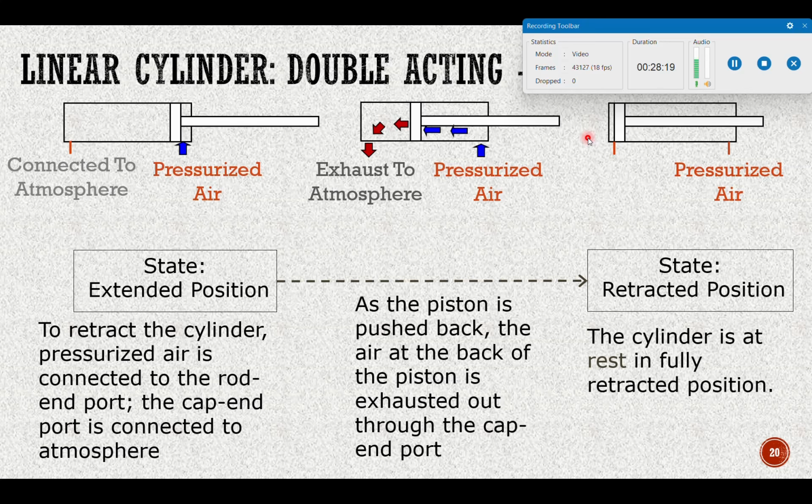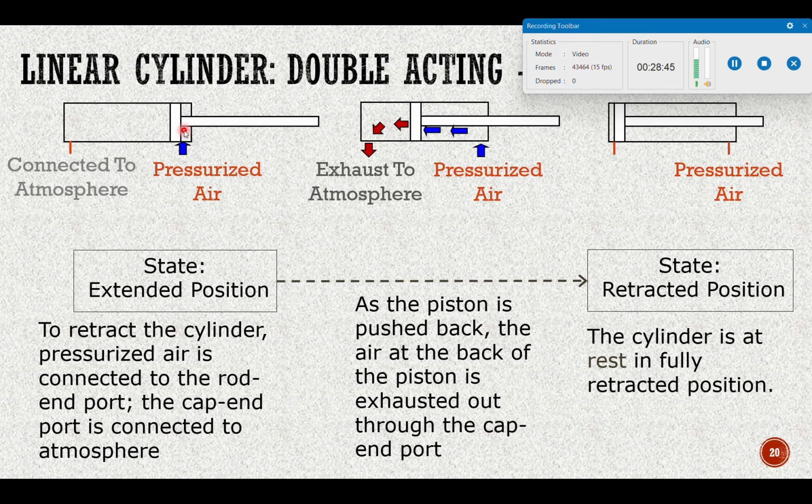When it's retracting, we put in pressurized air in another port, and then have the other one exhaust to atmosphere. So as the piston is pushed back, the air at the back of the piston is exhausted out through the cap end port.